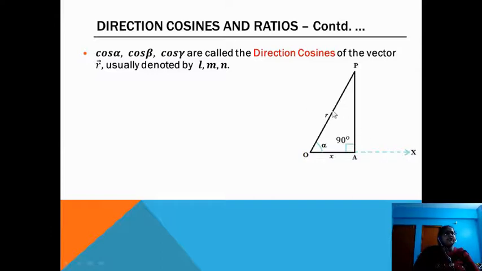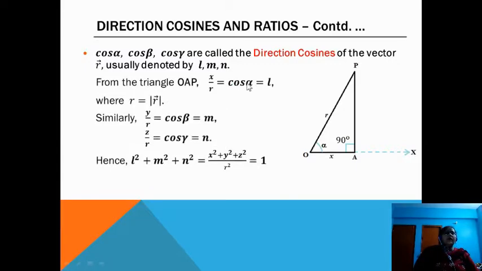If we just recollect our knowledge from trigonometry, then x by r is equal to cos alpha, and that is what we have denoted by L. And now y by r, very similarly we can understand, y by r is going to be cos beta or m, and z by r is going to be cos gamma or n.